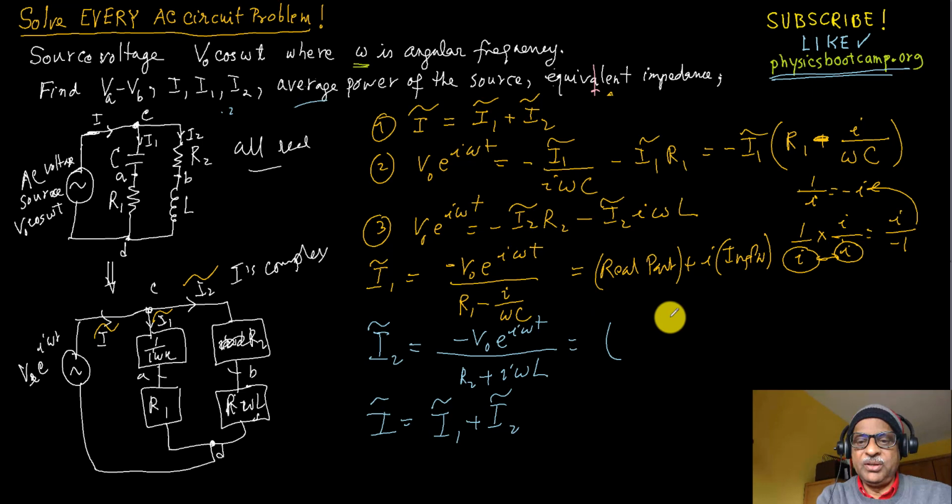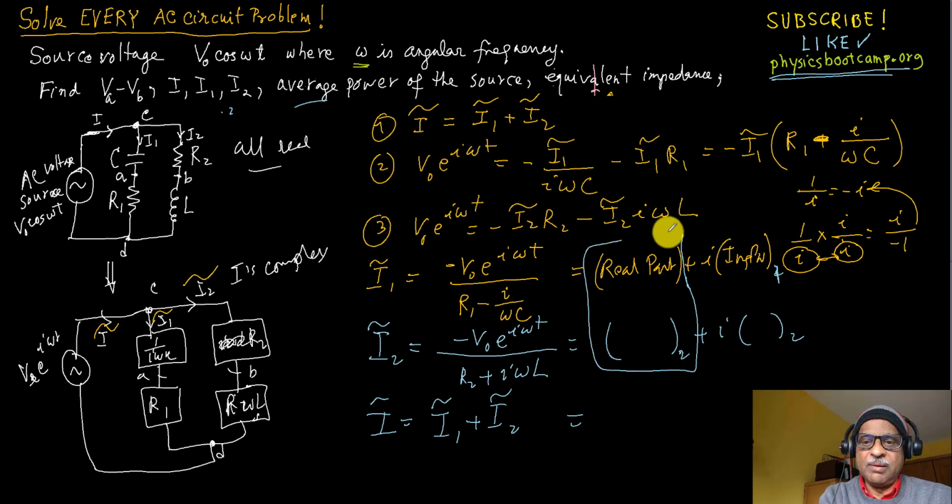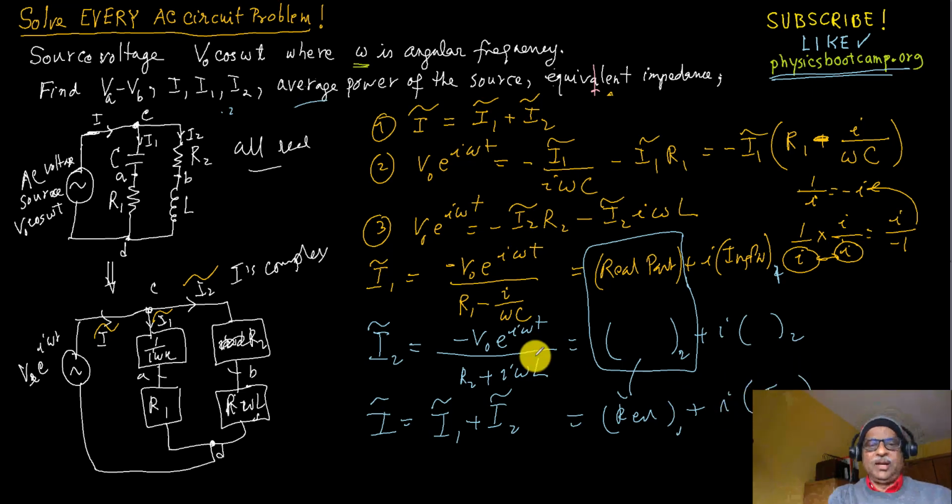So I need to figure out the real part 1, imaginary part 1, and real part 2, imaginary part 2. The sum of these will be the real part plus i times the imaginary part. I'm going to try to figure out what the real part of this looks like, what I1 tilde and I2 tilde look like.